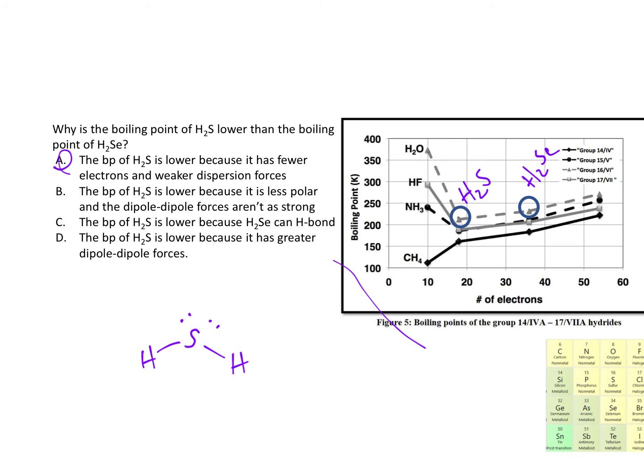Oxygen is a lot more electronegative, and that's times 2 hydrogens. You have more open areas for the hydrogen to sort of approach the oxygen.